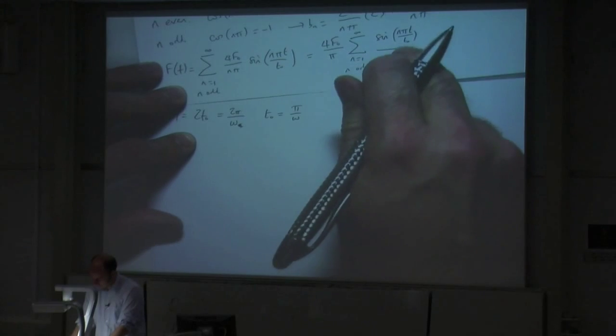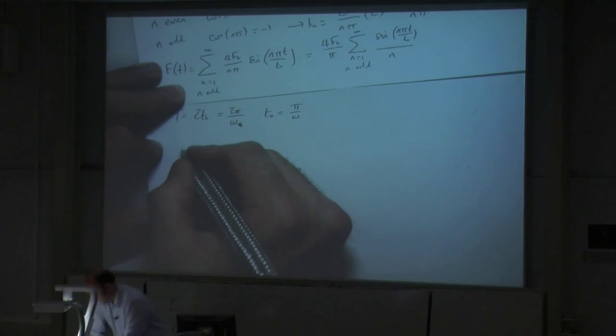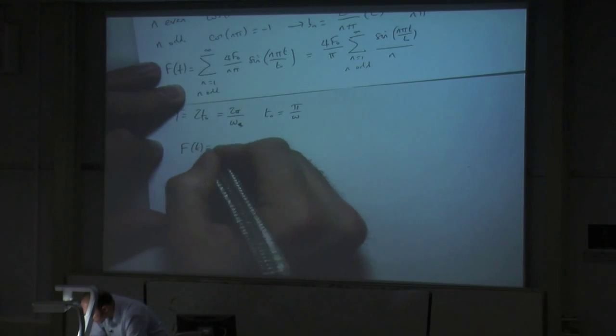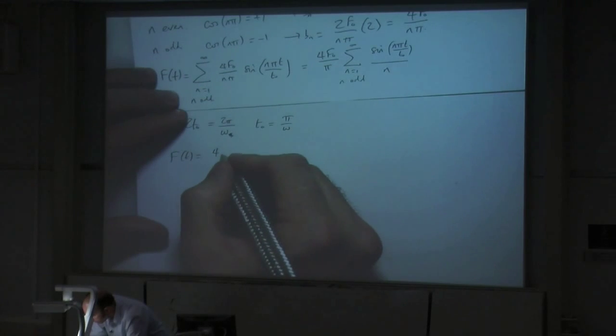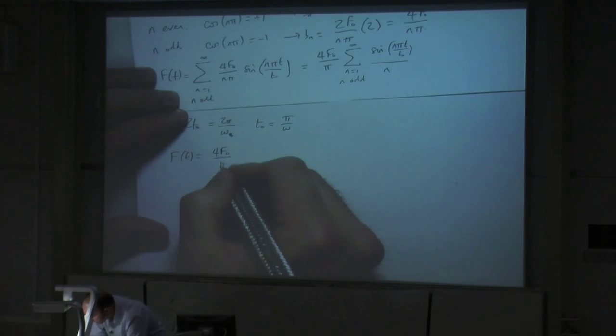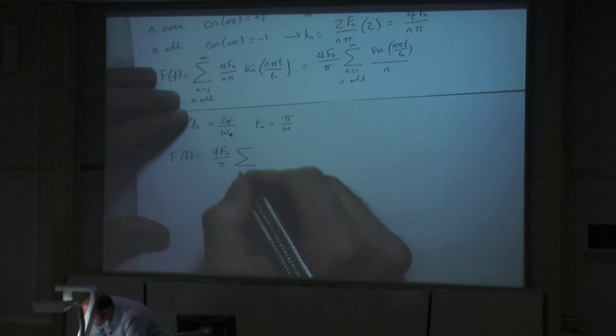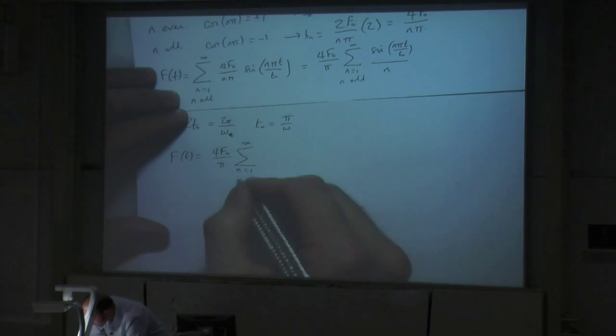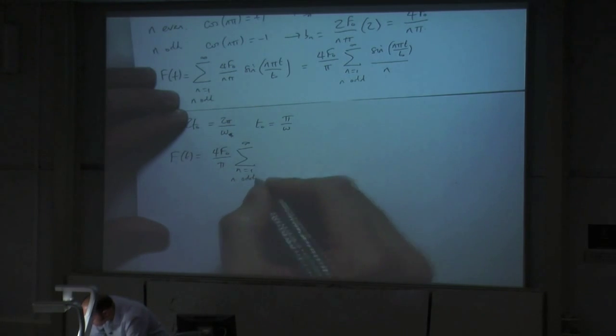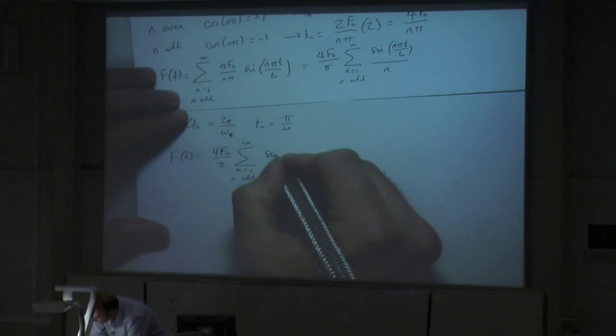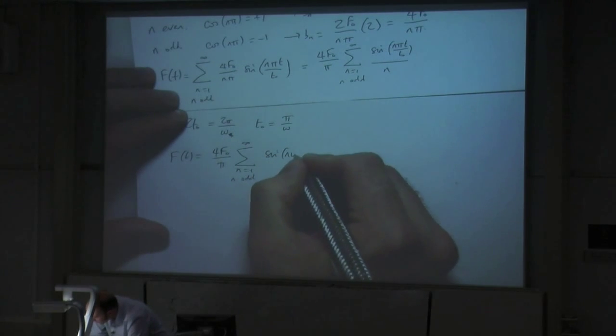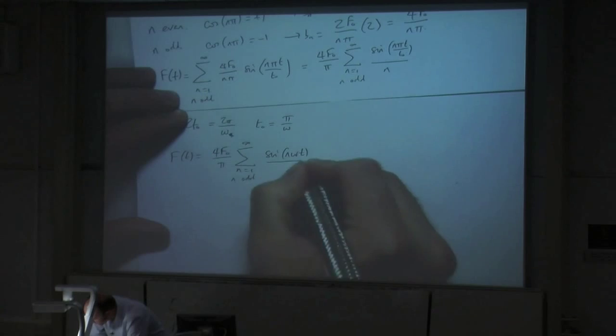You can insert that into this equation. So we have f of t equals 4 f naught divided by pi, sum from n equals 1 to infinity, n being odd, of sine n omega t divided by n.